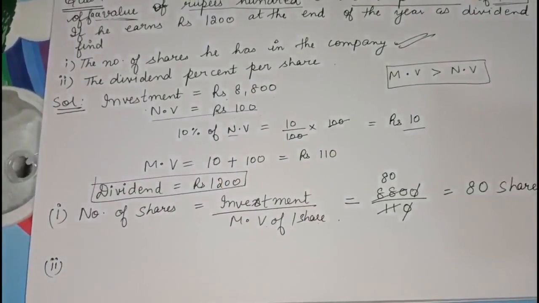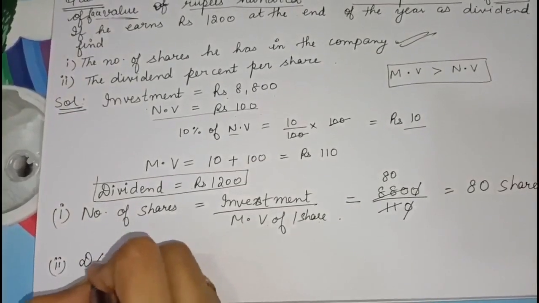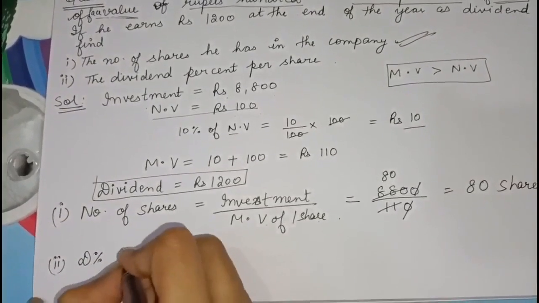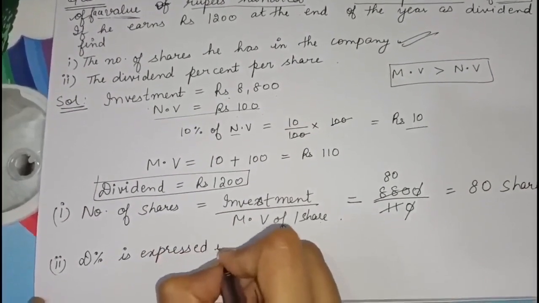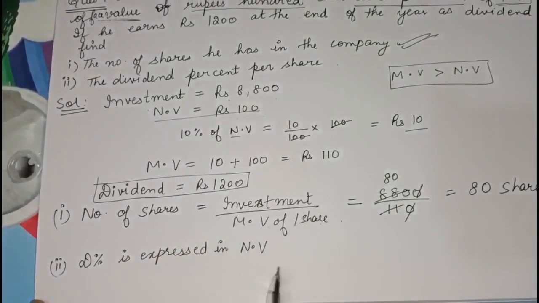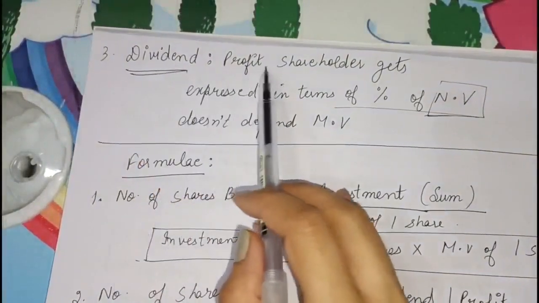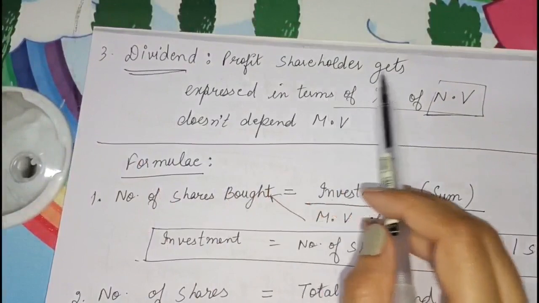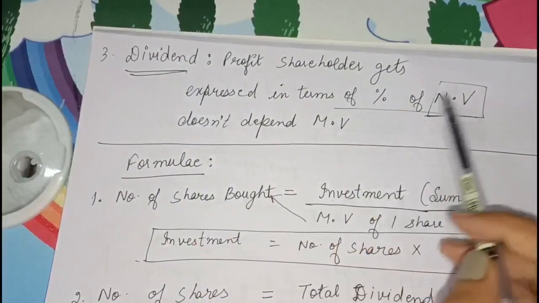When I was giving you the introduction, I discussed that dividend percentage is always expressed in terms of its NV. Dividend is actually the profit a shareholder gets, and it is expressed as a percent of NV.